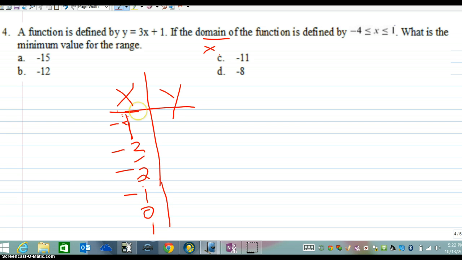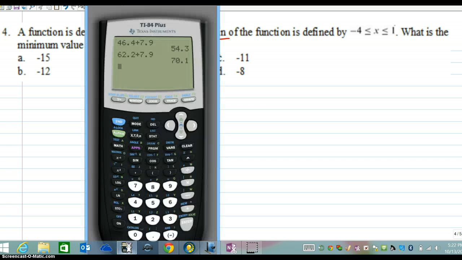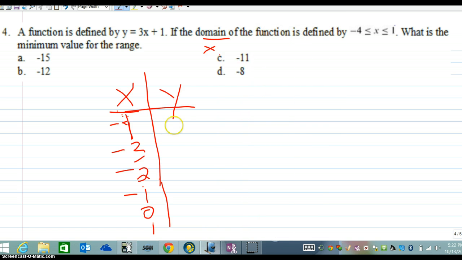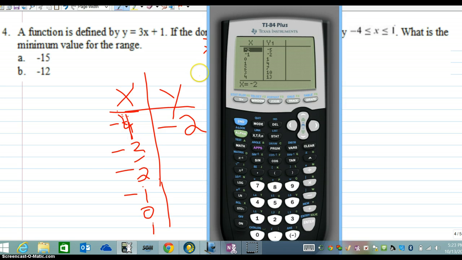And I'm going to cheat, so I'm going to go to my calculator. I'm going to go to y equals, and I'm going to put 3x plus 1. Then I'm going to press second graph, and when x is -4, y is -11.